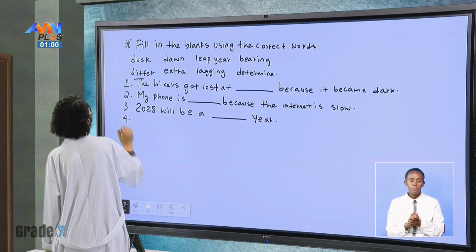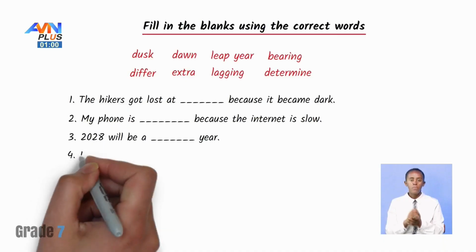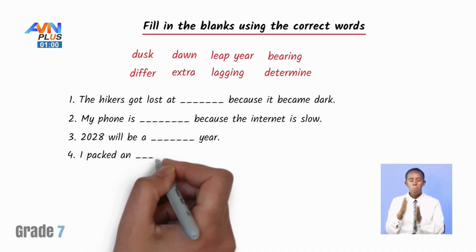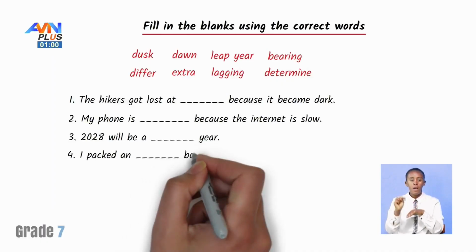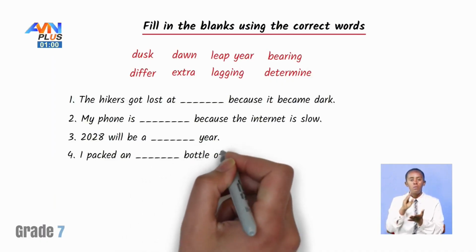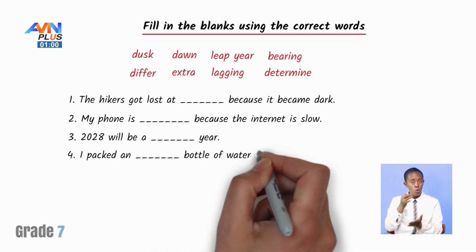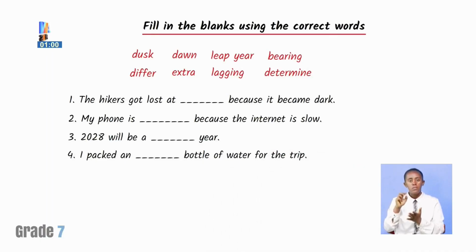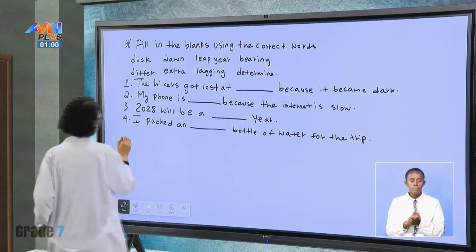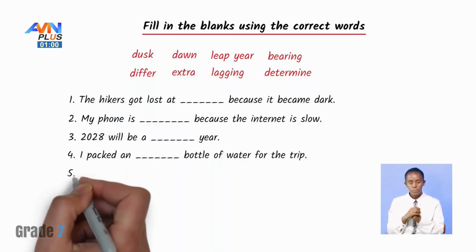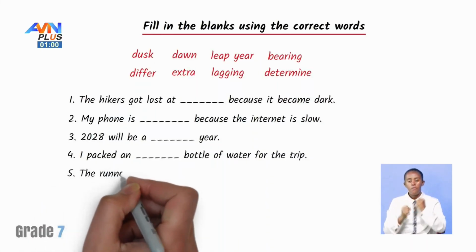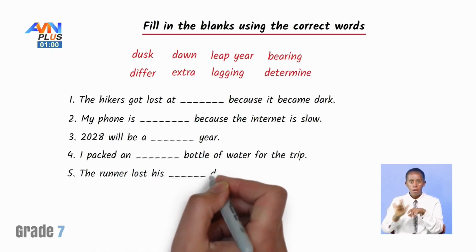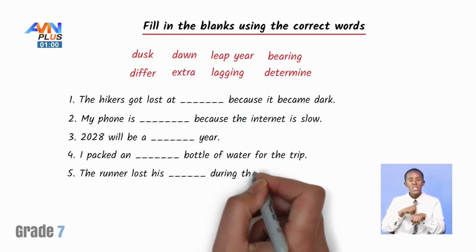Number 4, I packed an blank bottle of water for the trip. Number 5, the runner lost his blank during the race.